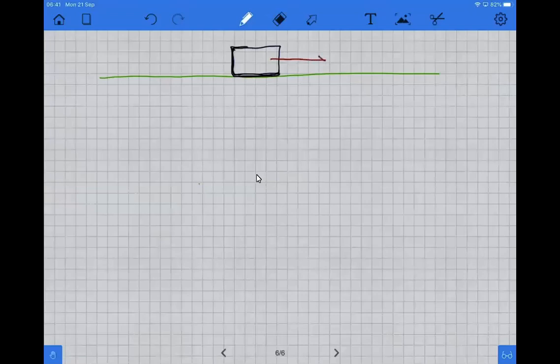If you push it forward, then the friction acts backward. If you push an object forward, then the friction will act on the object in the backward direction.